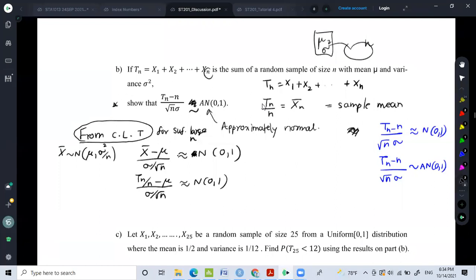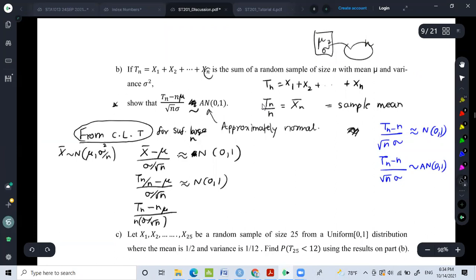And then what can you do? You have division by n, so that means you can multiply everything by n, so this n will go away. You have n times mu. Okay, so there should be a mu here, another typo. Now it's correct. And then sigma over square root of n. You have division by n here.